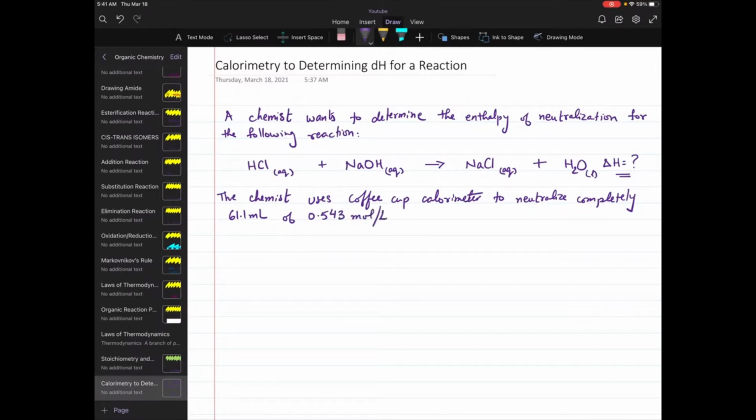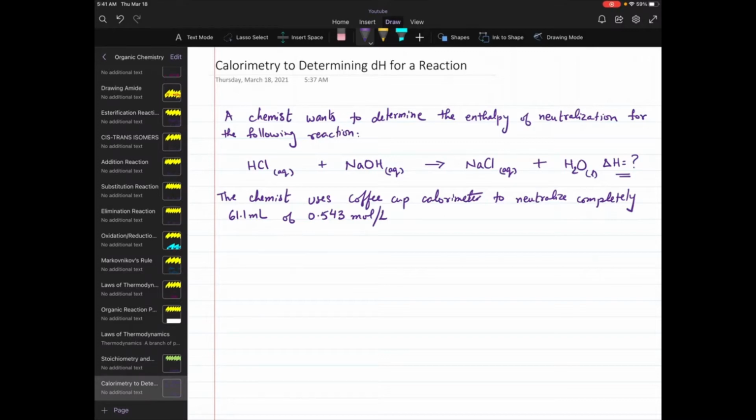Based on the units, you can predict what quantity they are referring to. When it says 61.1 mL, mL or milliliters is a unit for volume, the amount of space a substance is taking. So in this case, the volume is 61.1 mL.